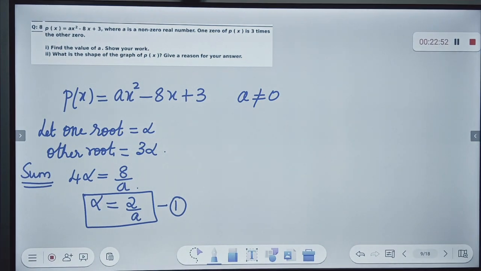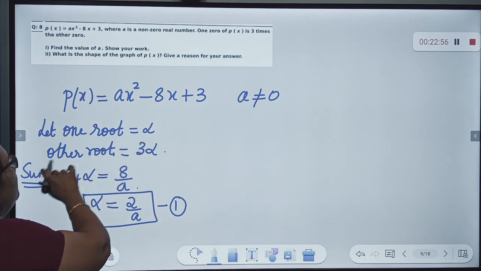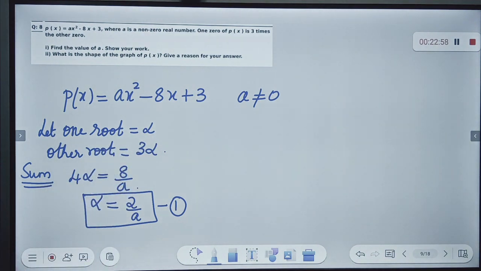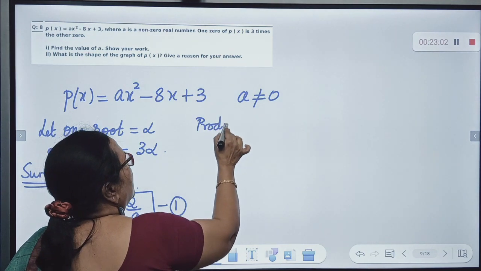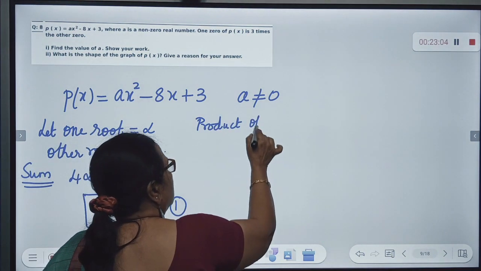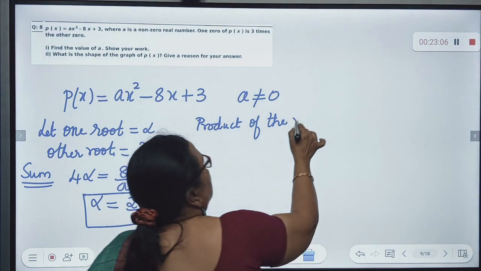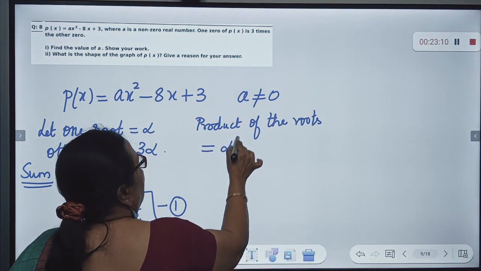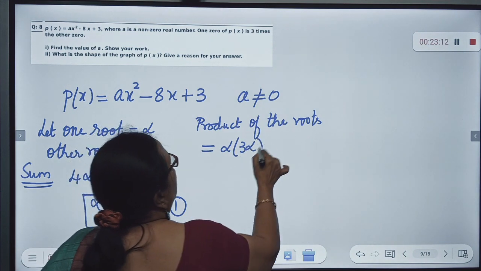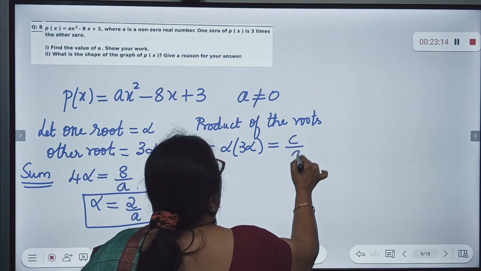Now, what else is given? You also know the product of the roots. We have used the sum of the roots. Product of the roots is c by a. Product of the roots is equal to alpha into 3 alpha is equal to c by a.